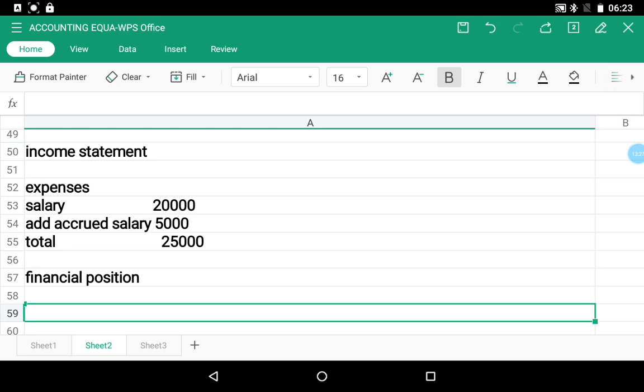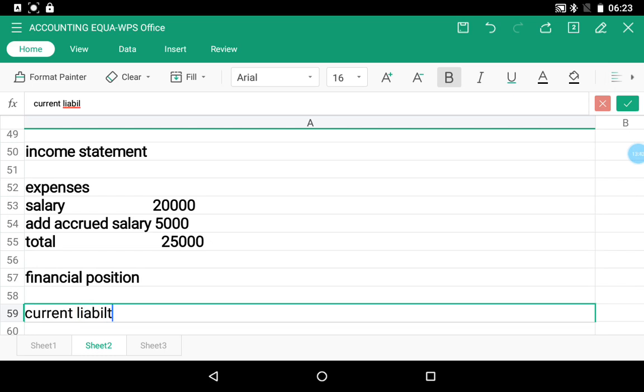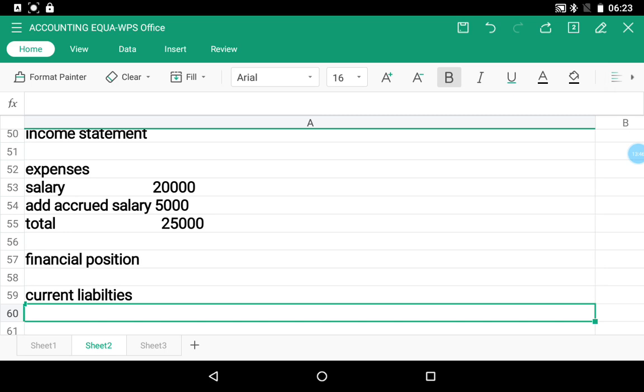But right now, our focus is under current liabilities. So here you come, say current liabilities. Of course, under current liabilities, we have trade payables or creditors, we have short-term loan, a loan that is less than a year, we have others.